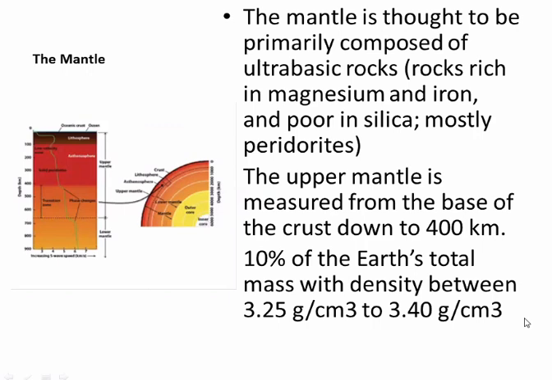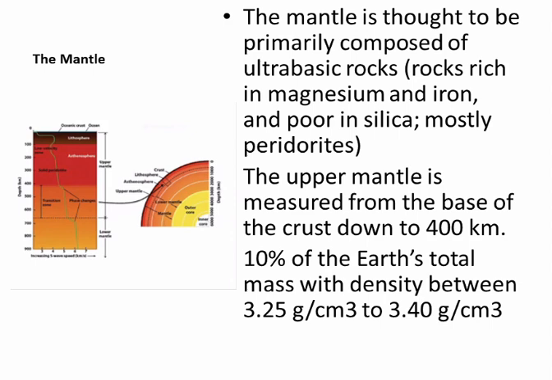So the upper part is less dense and the lower part is denser. The upper part closer to the Earth crust has an average density of 3.25 gram per centimeter cube, while the lower mantle is denser with a density of about 3.4.